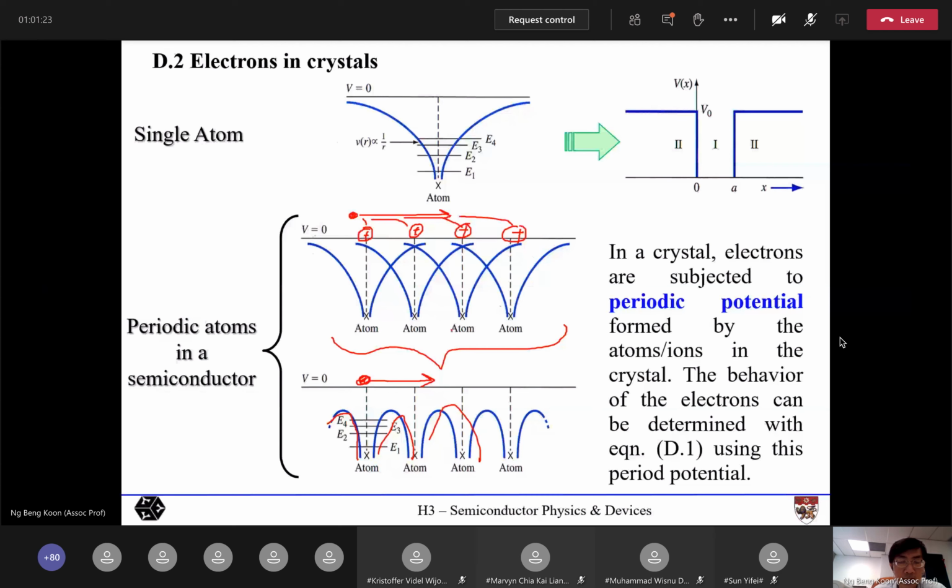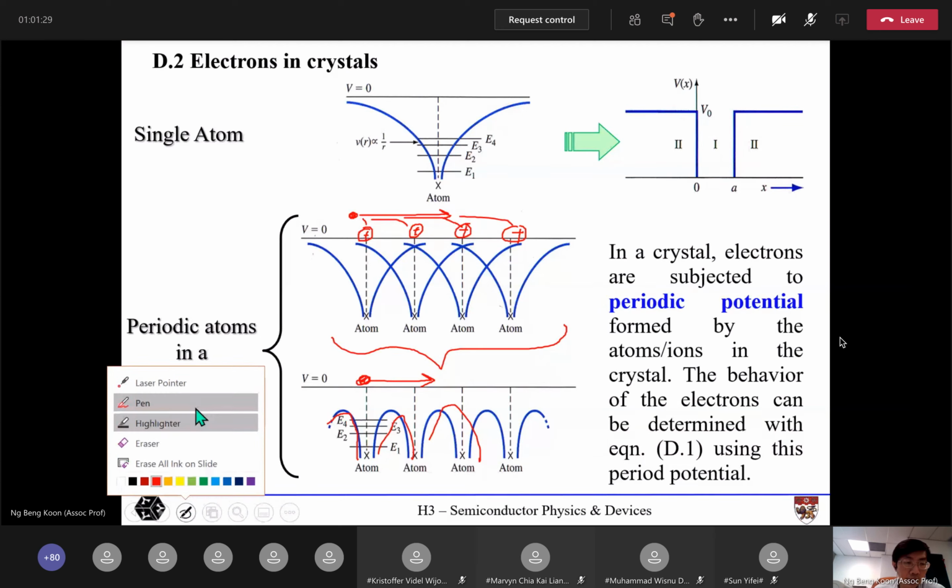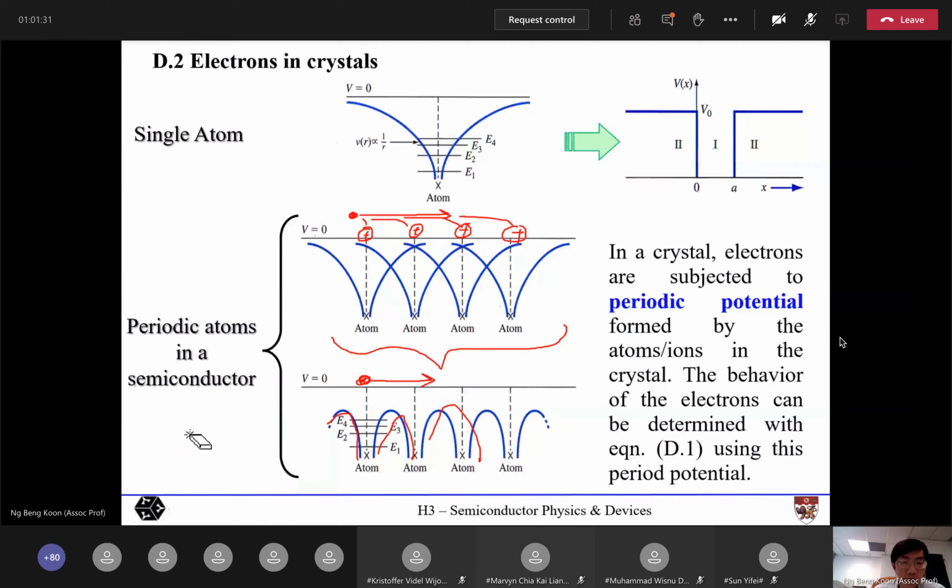Now, in order to solve for the energy against momentum profile for an electron in a crystal, we basically need this potential energy profile to put into the Schrödinger equation. So theoretically, if you solve it, then you can find out the energy against the momentum relation for an electron in a crystal.